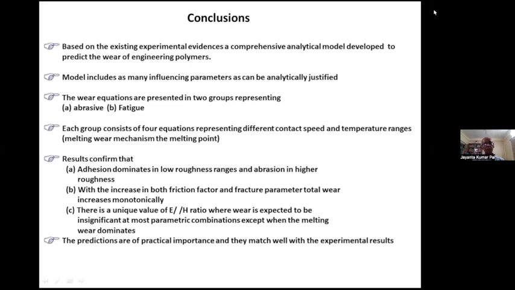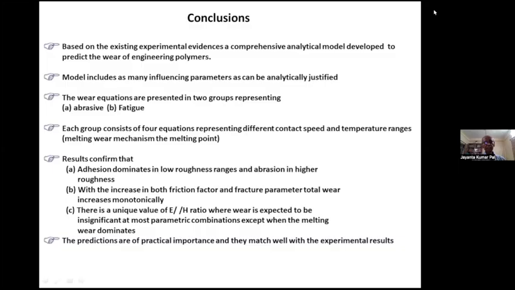Although the model includes as many parameters as possible analytically to take care of, however, few things could not be taken care of. For example, the atmospheric conditions. Maybe there is a scope for improving the model there.